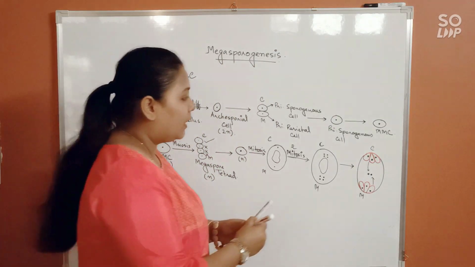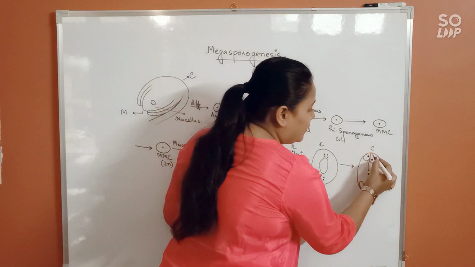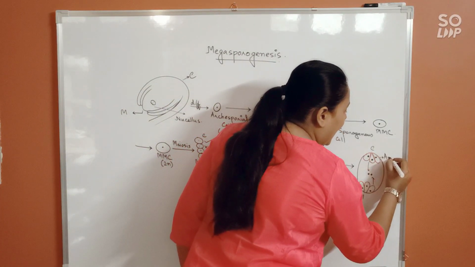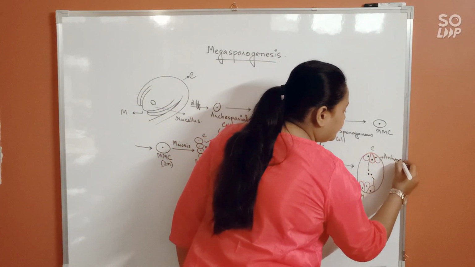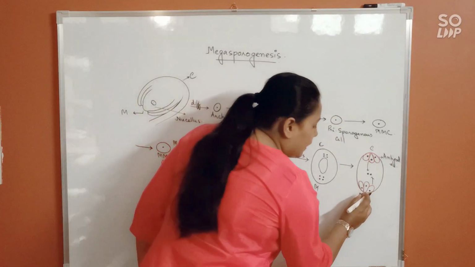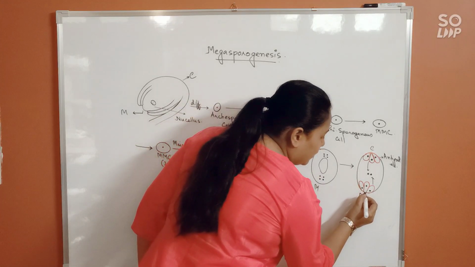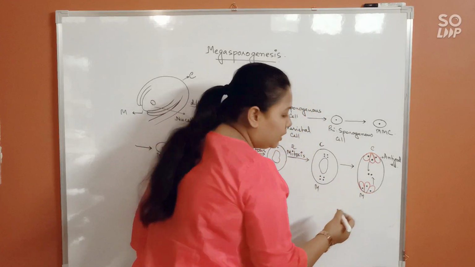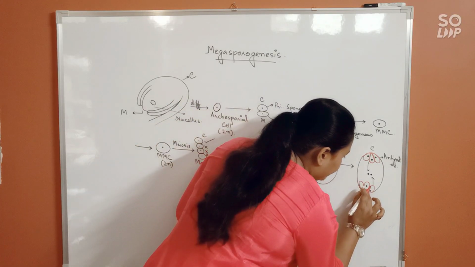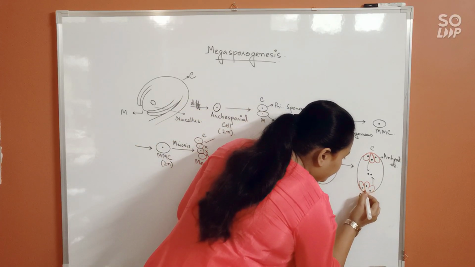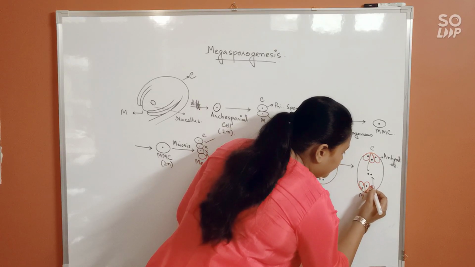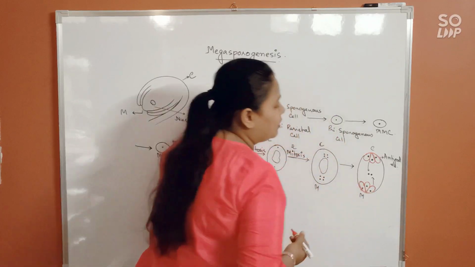Alright. So towards chalazal end, the 3 cells that will be formed, they are going to be called as antipodals. Alright? Towards micropylar end, also 3 cells are formed. Alright? They are going to be actually like this. They will share the wall like this.